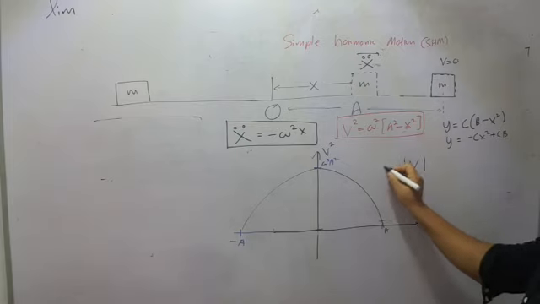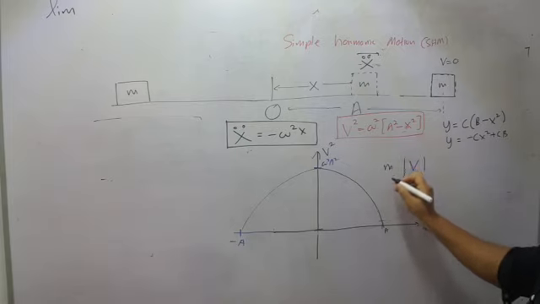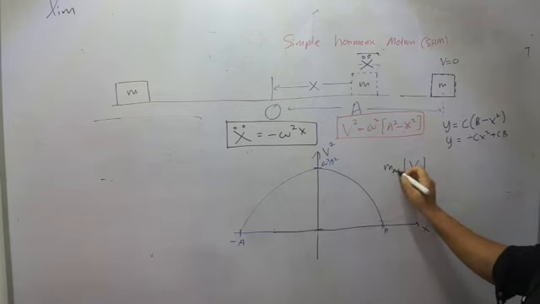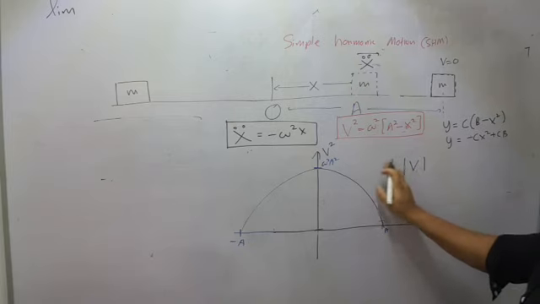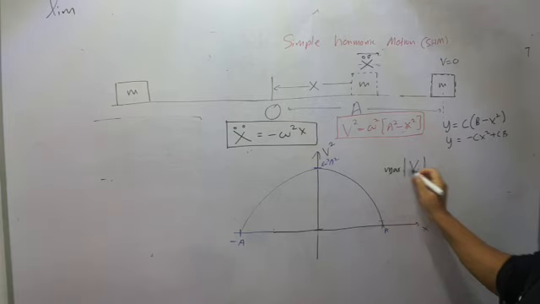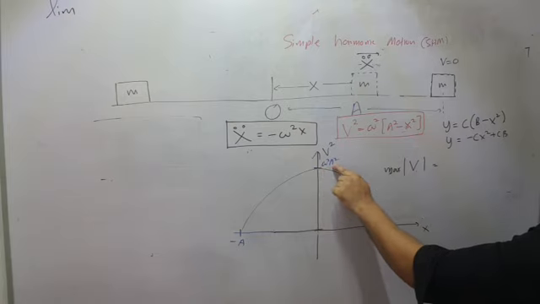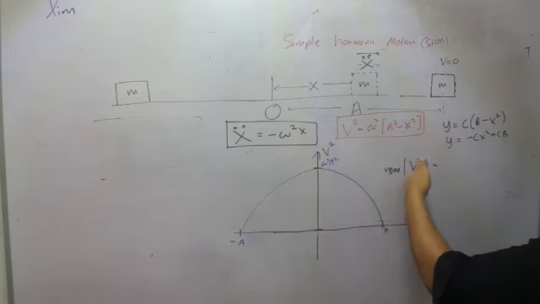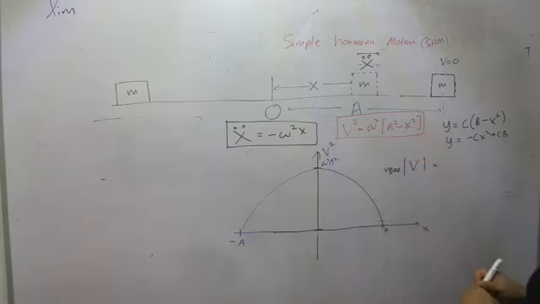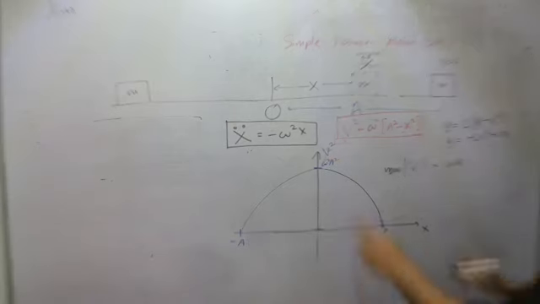So let me take the absolute value of the velocity. At x equals 0, v squared equals omega squared a squared. So the absolute value would be omega a. We just have to take the square root.